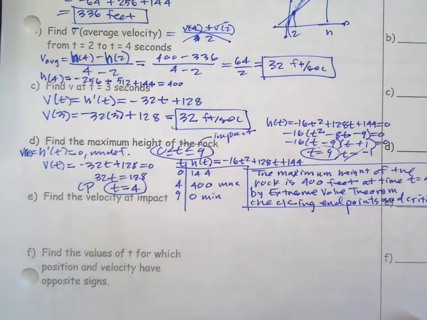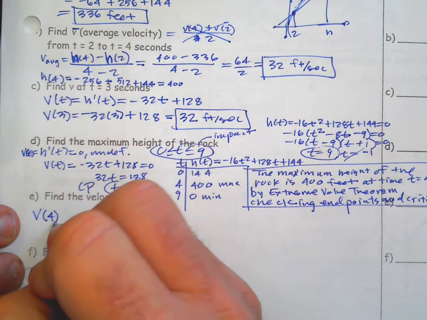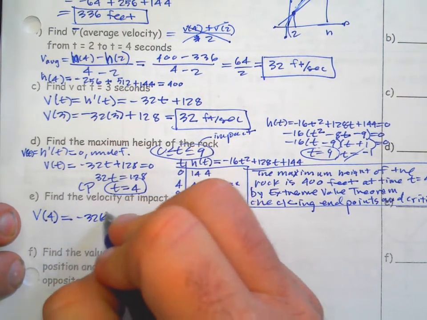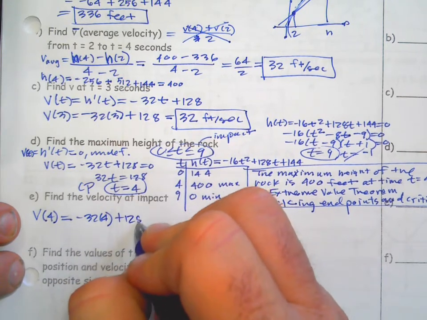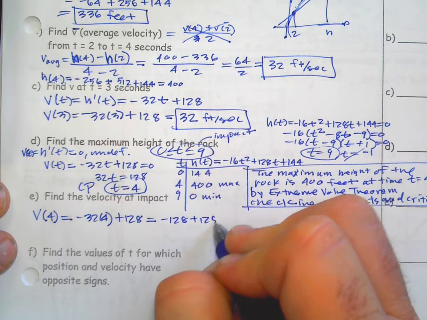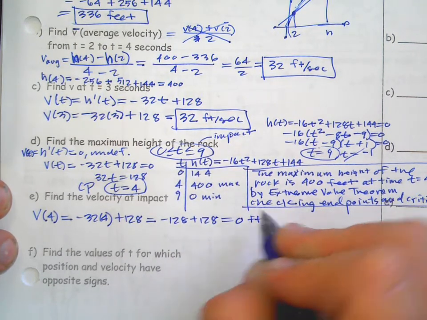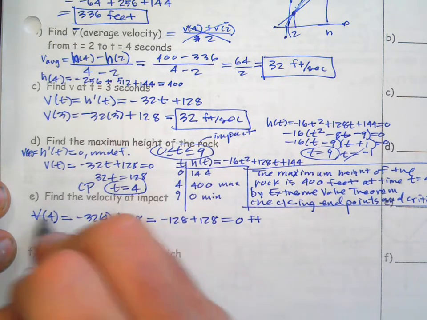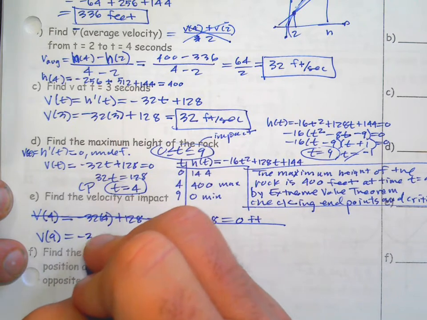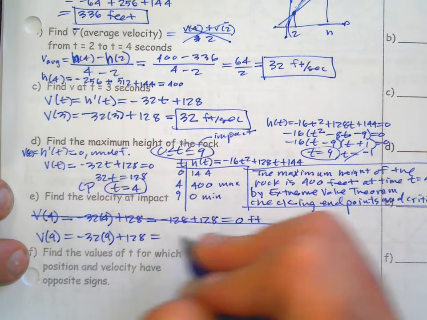Okay, the velocity impact, that's not too hard because we just found it happens at time 4. So we plug that into our velocity equation, negative 32 times 4 plus 128, and we get negative 128 plus 128, which is 0, which actually shouldn't be a surprise. Oh, wait, no. Velocity at 9, so plug 9 in. It should be negative because it's going down.